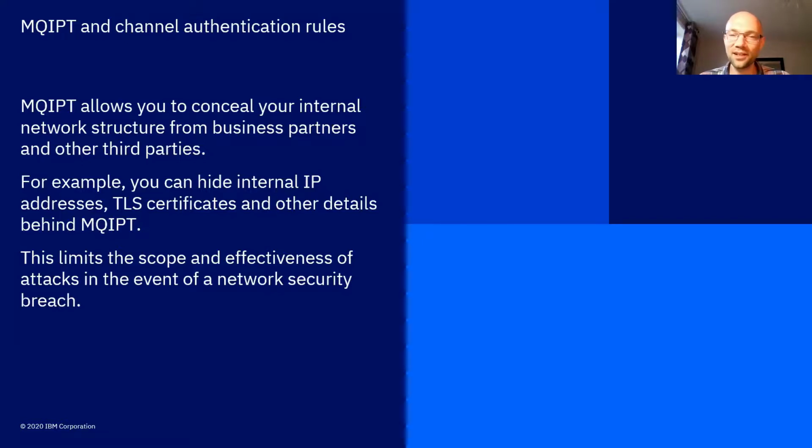And actually, that means that you can change your MQ network internally without the changes being seen externally, but it also adds security as well, because it means that there's less information available publicly for people to know what's actually going on inside your MQ network.